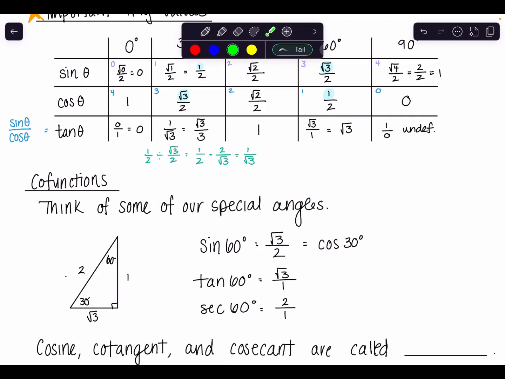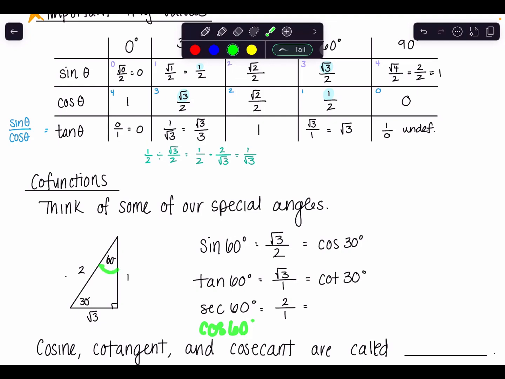Tangent of 60 is going to be root 3 over 1. Well, that's the same thing as cotangent of 30 degrees because you take the adjacent over the opposite. And then likewise, if I take secant of 60, this is really the flip of cosine of 60 degrees.